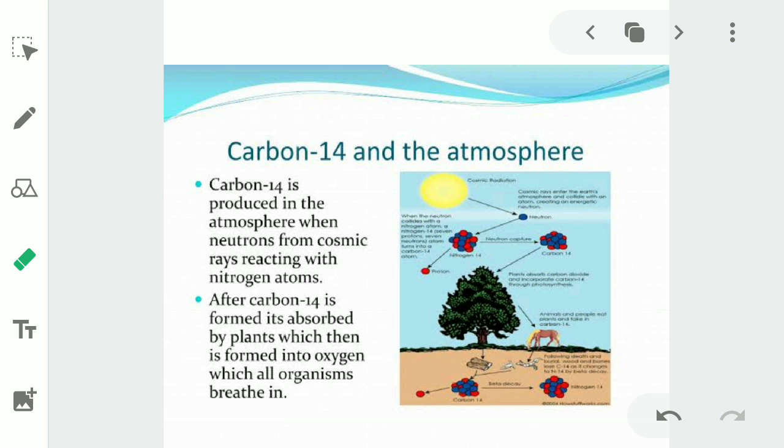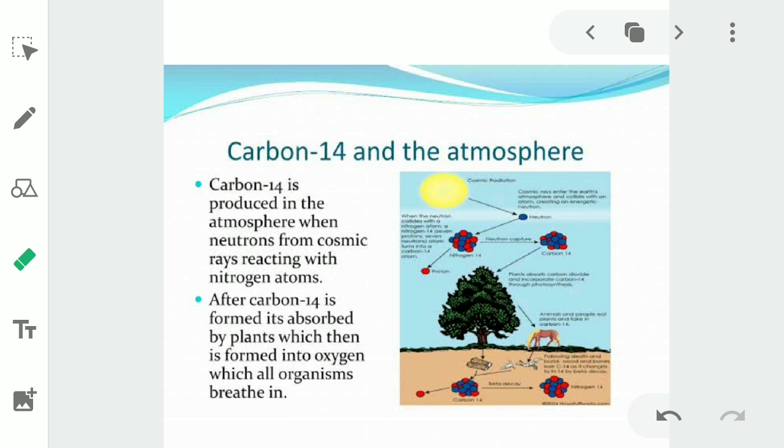These radioactive elements are very unstable. So in the carbon dating method, we measure the radioactivity of carbon 14, and the ratio of C14 to C12 is measured. That is called the carbon dating method.